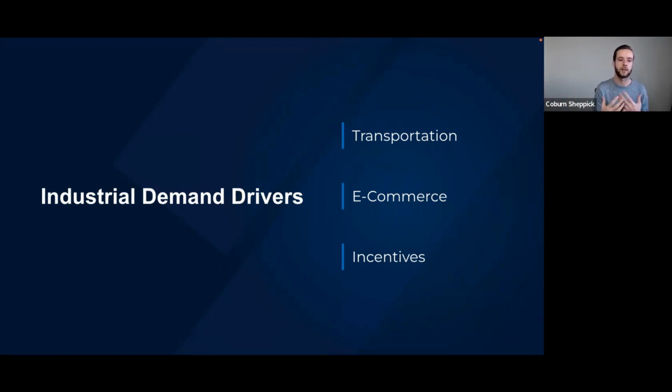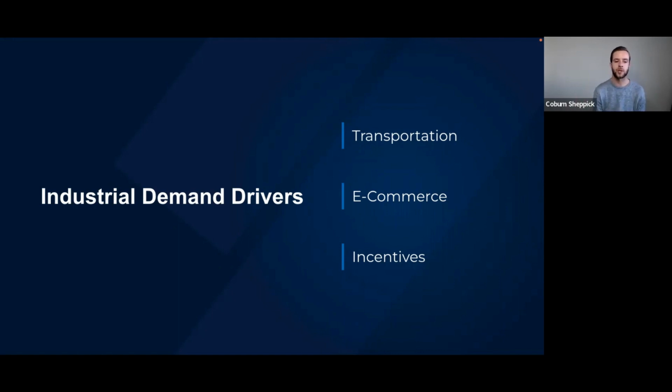The market demands immediate shipping, same day delivery, 2-day delivery. And to achieve that, the industrial footprint needs to be closer to where those people are, right? In CBD markets, in the neighborhoods.